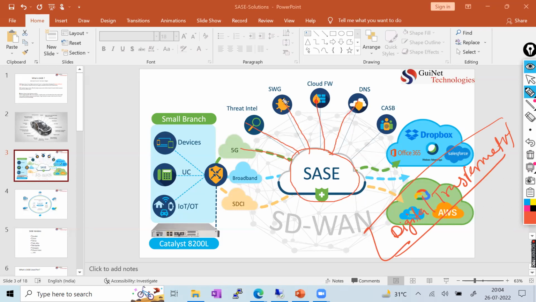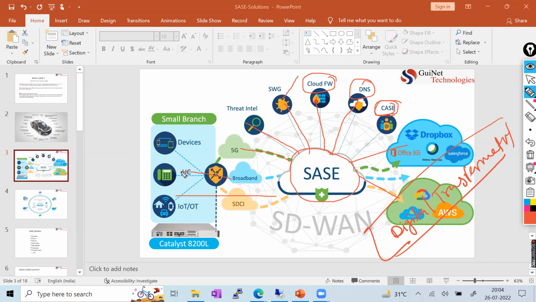You can see secure web gateway, cloud firewall, DNS, and CASB, cloud access security broker. I'll talk a little more about them in upcoming slides.